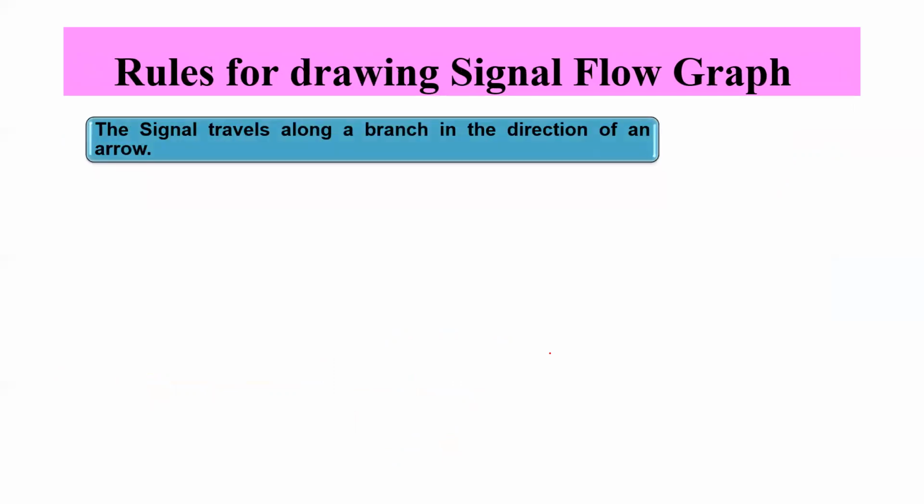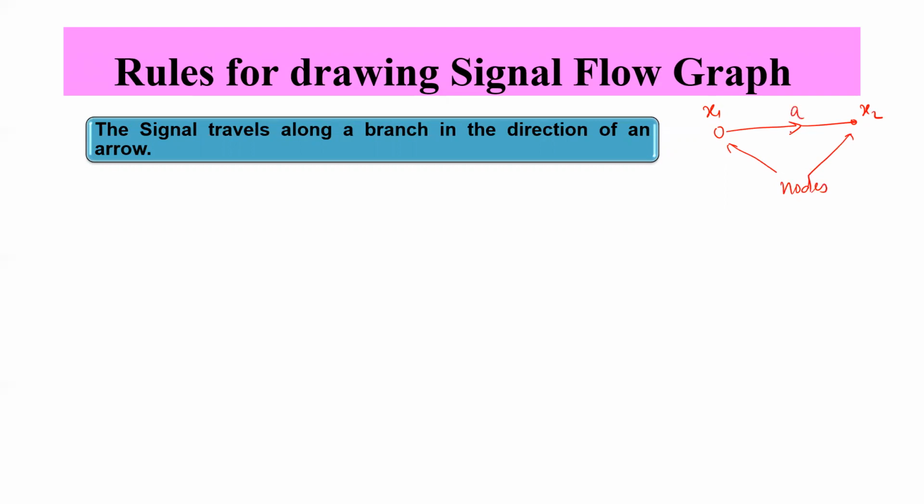Then there are certain rules to draw the signal flow graph. What are those rules? First of all, the signal travels along a branch in the direction of an arrow. Like we will take the previous example, x1, and then you have x2. These two are the nodes, right?